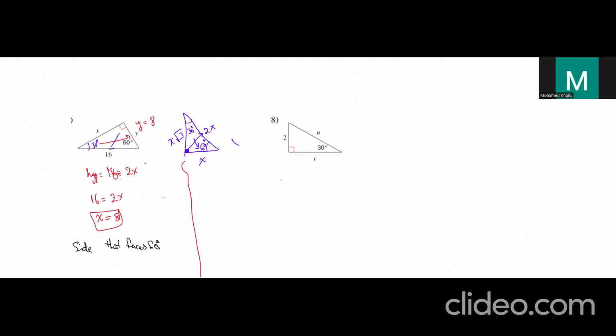So what is x? It's 8. Radical 3. So it's a rule. So I'm going to write here 8 radical 3. I hope it's clear for now.